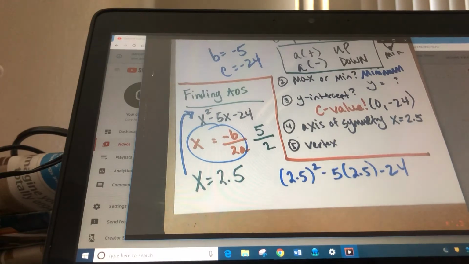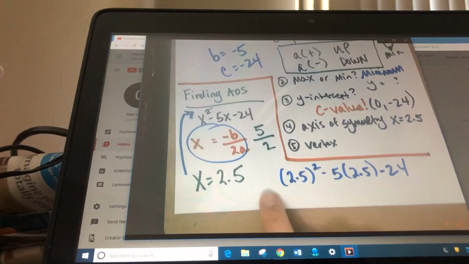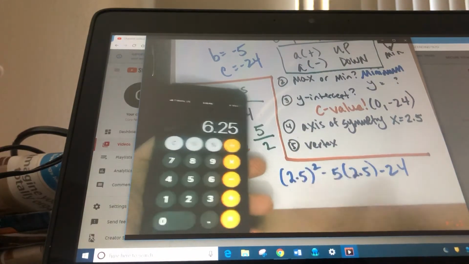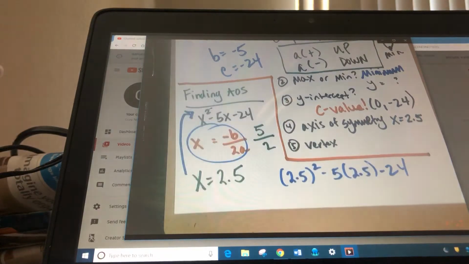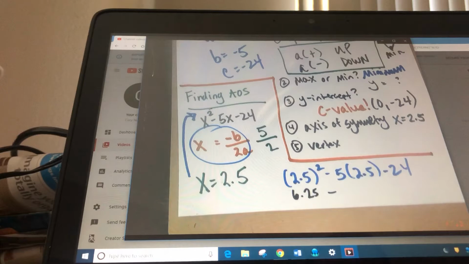And let's do it. So, give me my little calculator here. 2.5 squared. And remember, guys, take a break from your calculators. Like, I just figured out what 2.5 squared is. I'm going to write that. Do not sit there in that calculator and type all this in. 6.25. Let's write 6.25. Minus.